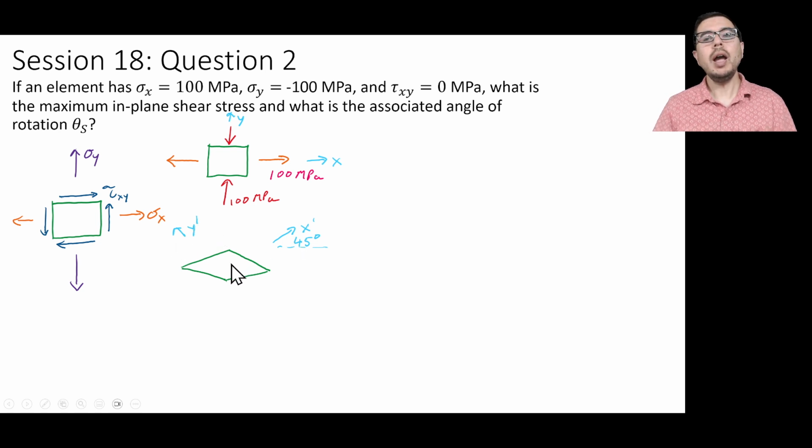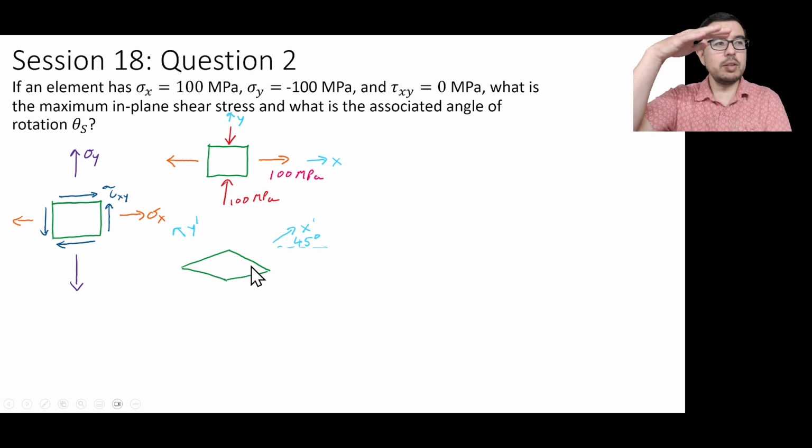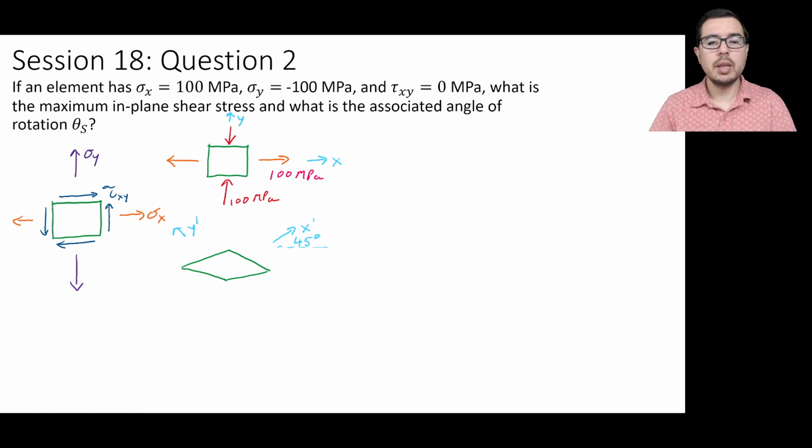Now, why have I distorted this element to flatten it like you see here? It kind of looks like a squished diamond. I wouldn't expect someone doing this problem for the first time to make all these kinds of realizations using this kind of thinking or process.